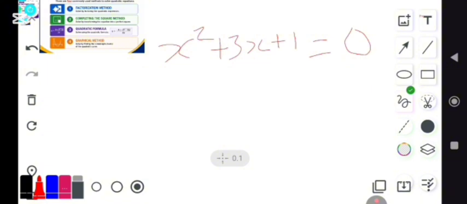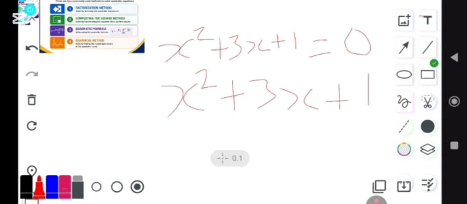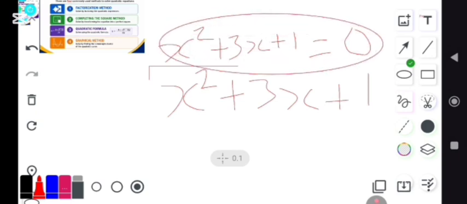This is called a quadratic equation. But when you have x raised to power 2 plus 3x plus 1, this is regarded as your quadratic expression. This is a quadratic expression, whereas the one on top is a quadratic equation. I hope this is very clear.